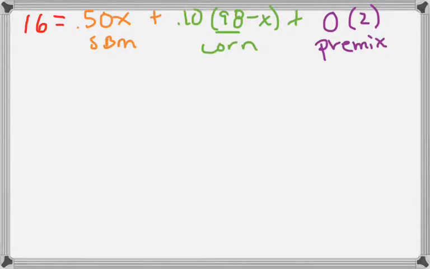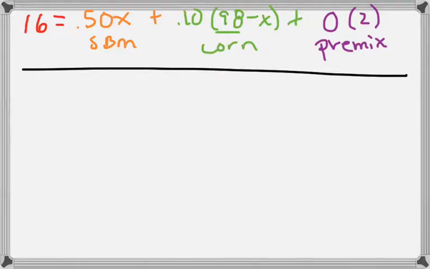So what we wind up having is 3 ingredients that are going to come together and meet our needs for this 16% protein diet. So from here, we're able to solve it like we would the regular problems that we did in the last video series.